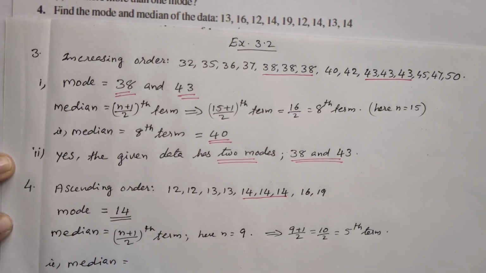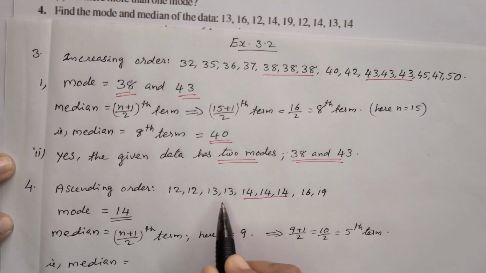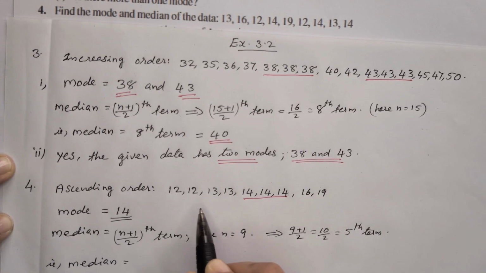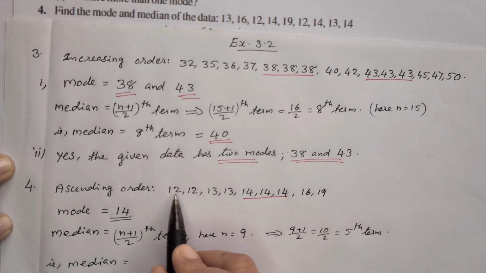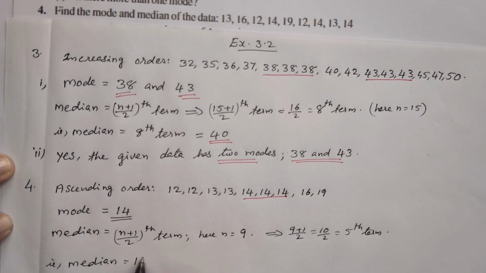Then when we count, n is equal to 9. 9 observations are here. n is odd, so (n plus 1) by 2, 9 plus 1 is 10, 10 by 2 is 5. Fifth term, 1, 2, 3, 4, 5. The fifth term is also 14. So here mode is equal to 14 and median also is equal to 14.